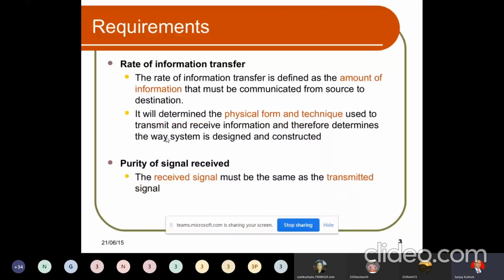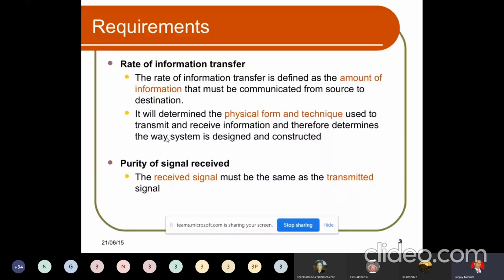Rate of information transfer is one of the parameters which we have to consider for the communication system. What exactly is it? It is the amount of information that must be communicated from source to destination.